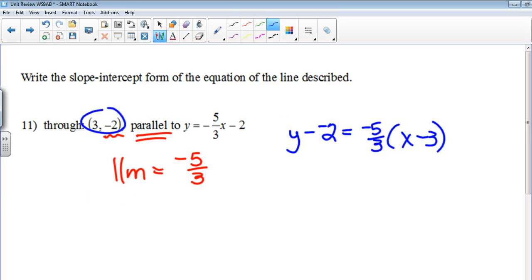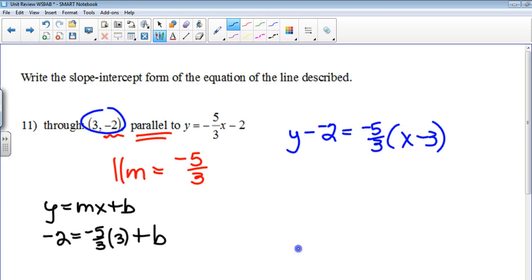Or you could go with negative 2 equals negative 5/3 times 3, the x, plus b. All right, simplify one of those and see what you get.